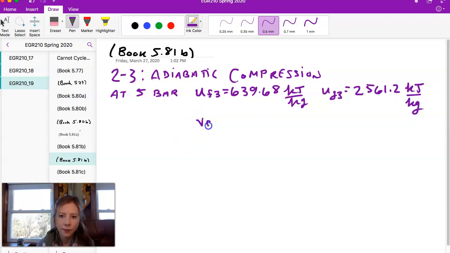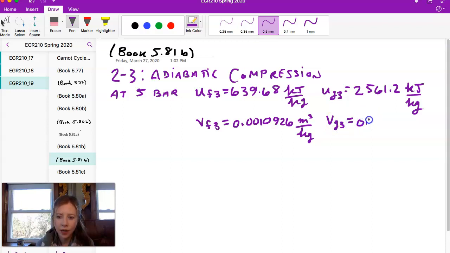And v for x is 0 is going to be 0.00100926 meters cubed per kilogram. And v at x is equal to 1 is going to be 0.3749 meters cubed per kilogram. All right, so let us start with an energy balance.